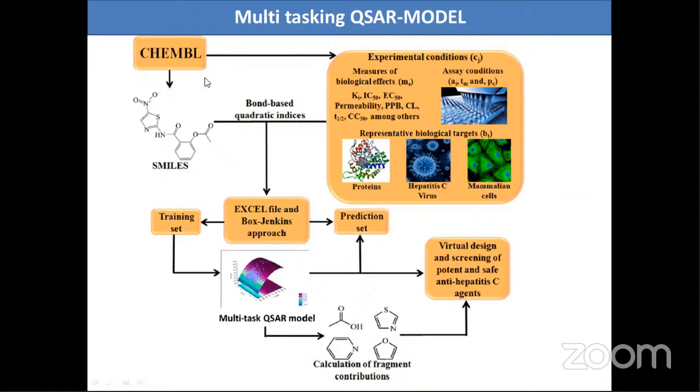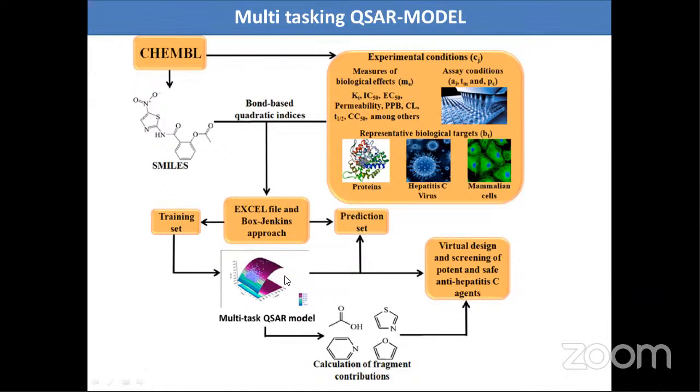So we have taken the ChEMBL database, from where we can get a SMILES code, and from there we need to have a certain experimental evaluation such as IC50, EC50, or you can go for T-half, or you can go for permeability. Whatever data you want to include, you can go with that, and then from there you can go for a descriptive analysis which can be implemented with the training set.